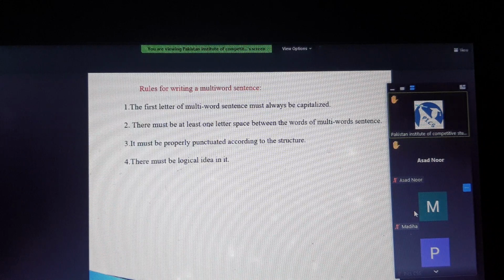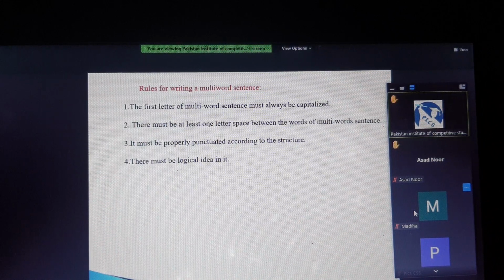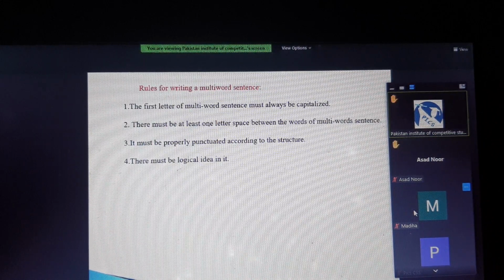So it will be considered wrong. So you have to be careful that you must use the capital letter at the first.